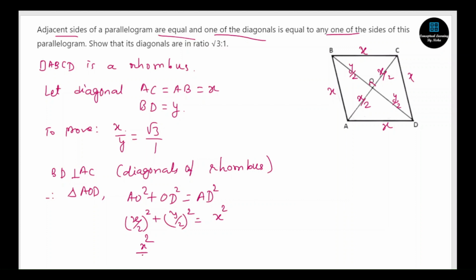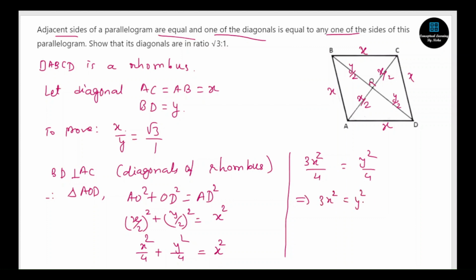X square upon 4 plus Y square upon 4 equals to X square. And if we simplify, what do we get? So I'll get 3x square upon 4 is equals to y square upon 4, and this gives me 3x square equals to y square.